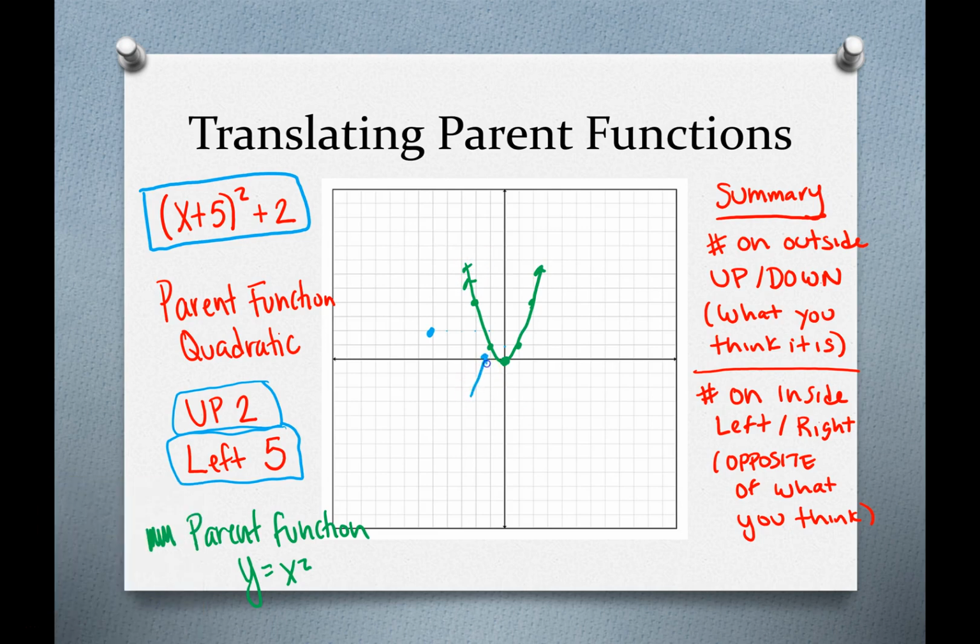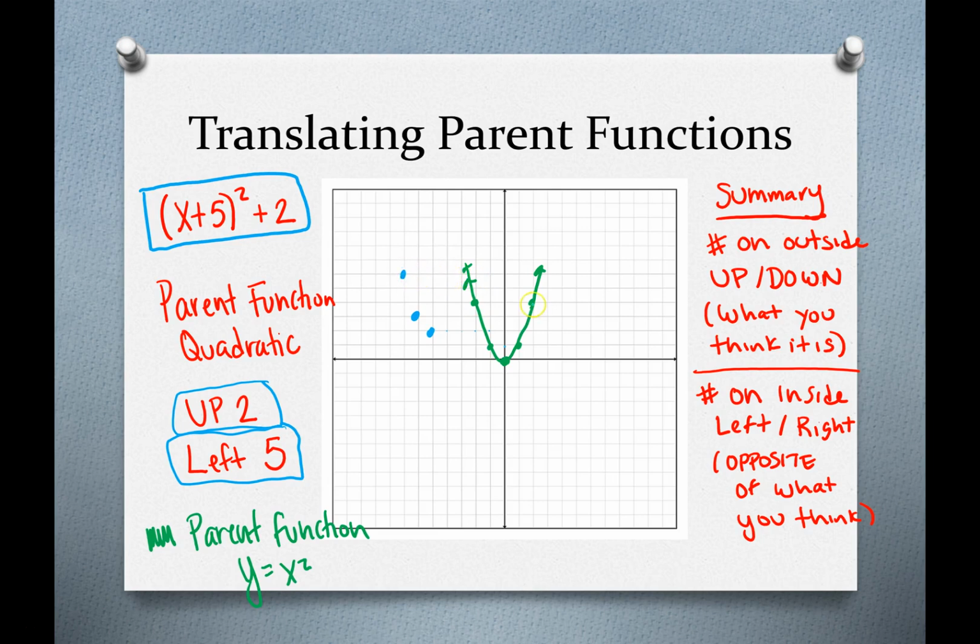Now let's move this point. We're going again up 2, left 5. 1, 2, 3, 4, 5. There it is right there. I'm going to do that same thing with all other points. It's up 2, left 5, up 2, left 5. Here we are.